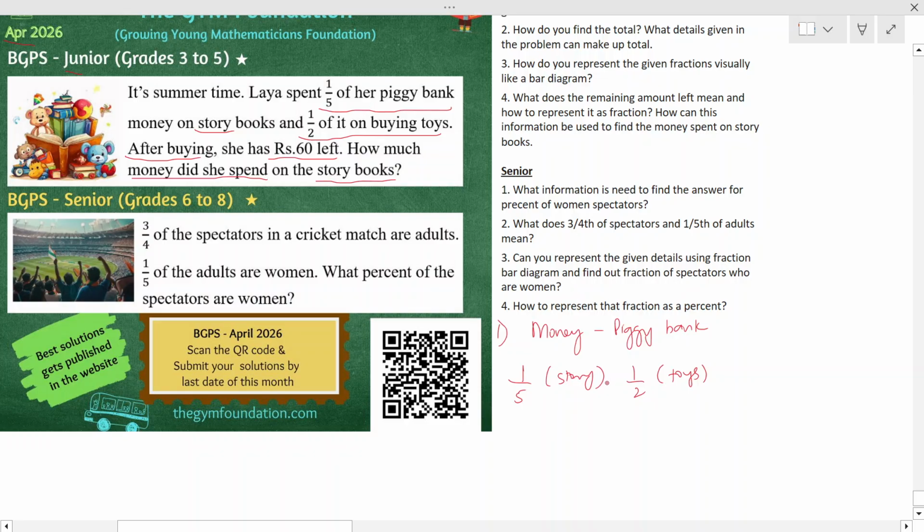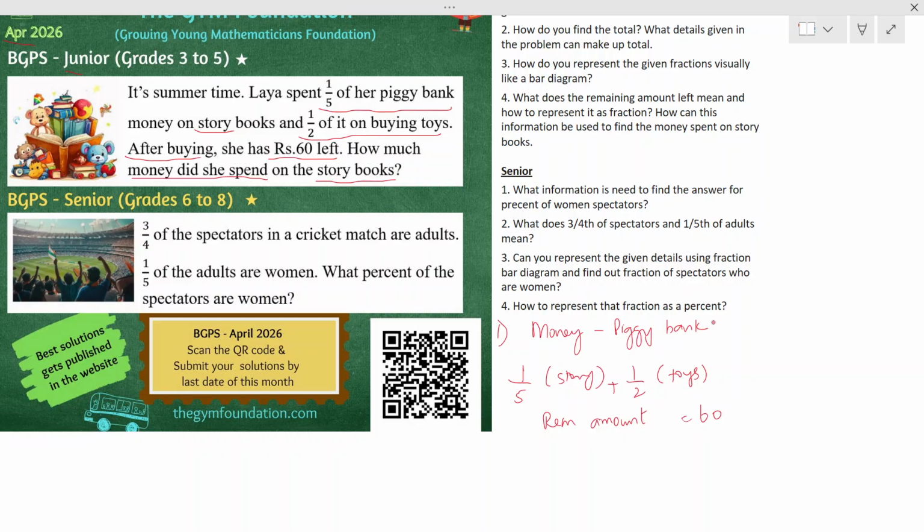If you have spent some amount and another amount, this is the total amount that you have spent. And then you have 60 left after it. So the remaining amount is 60. So how can you represent this visually?